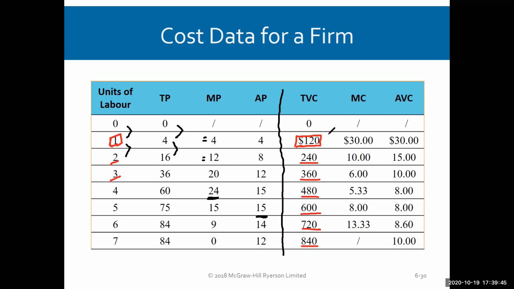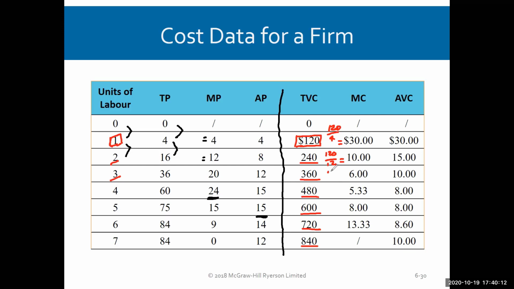So from here to here, my output changed by 4. My total variable cost changed by 120. 120 divided by 4, that equals 30. Now my total variable cost changed by 120. 120 divided by my change in output, 4 to 16, that's 12. 120 divided by 12 is 10, and so on.